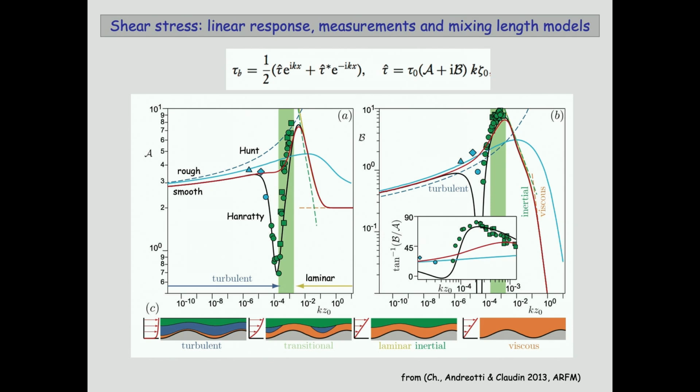And Andreotti understood that it could be accounted for by the fact that the Van Driest length, which is involved in the definition of the logarithmic velocity profile of the flow, is modulated by pressure effects as the flow is successively accelerated on positive slopes and decelerated over negative slopes.